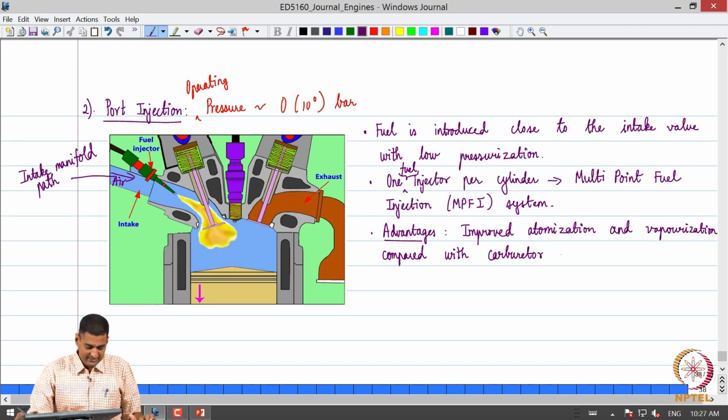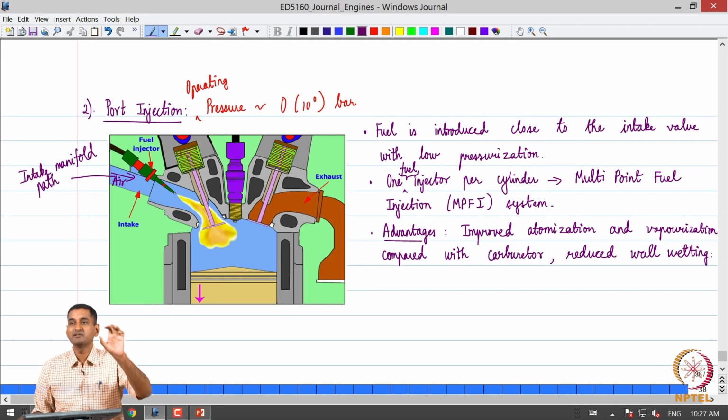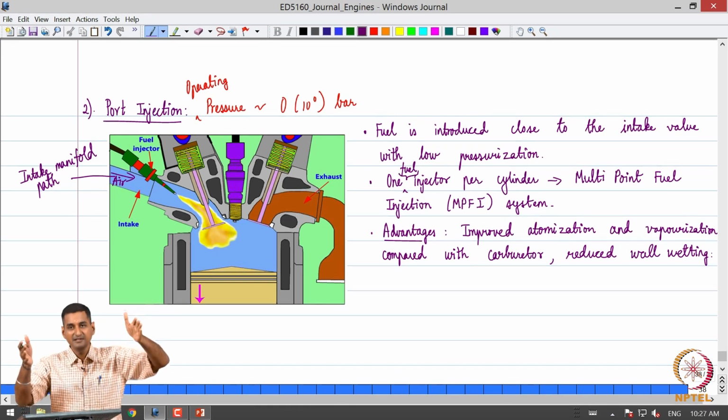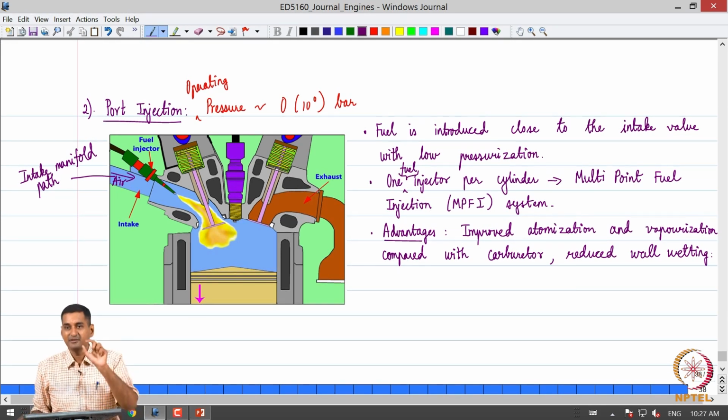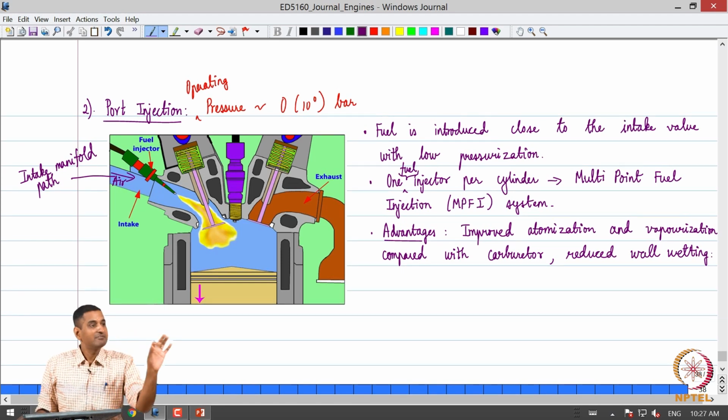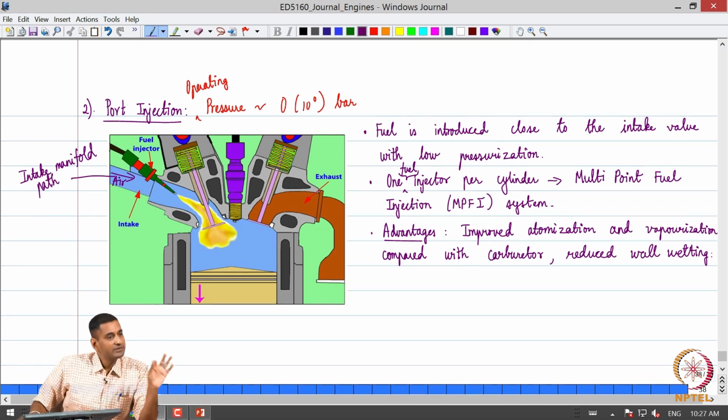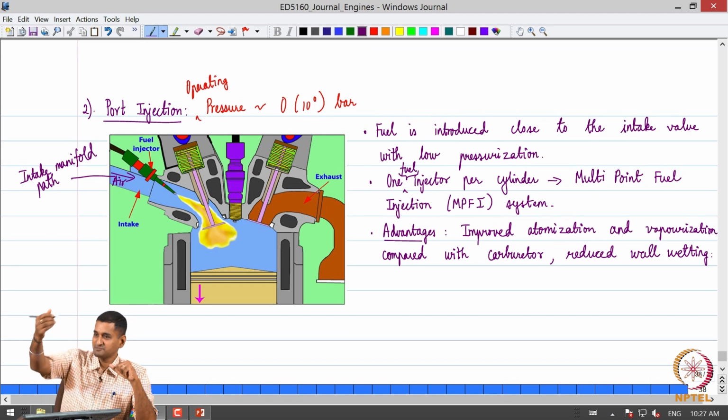And it also has, compared to a carburetor, reduced wall wetting. So what is wall wetting? The fuel which is introduced can just settle on the walls of the intake pipe or the intake system, and that is going to be wasted, is it not correct? So when you spray the fuel with some pressure, we are going to reduce it, when compared with the simple carburetor. So we are talking with respect to the carburetor, okay.